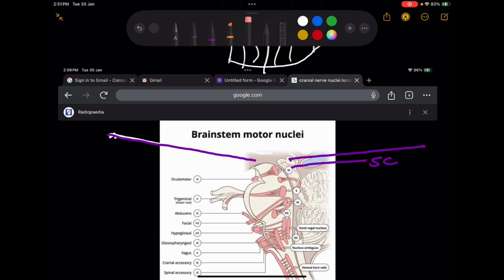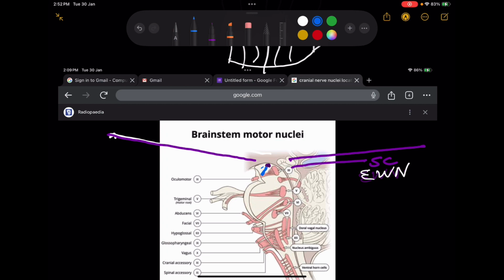At the same level is another nucleus which is called the Edinger-Westphal nucleus. Now this gives parasympathetic fibers to the third nerve.